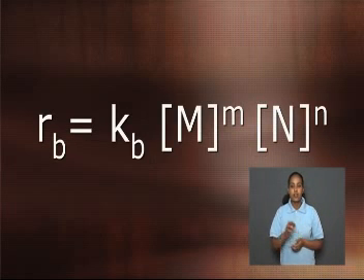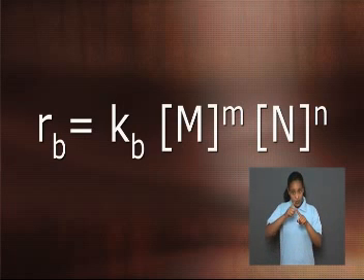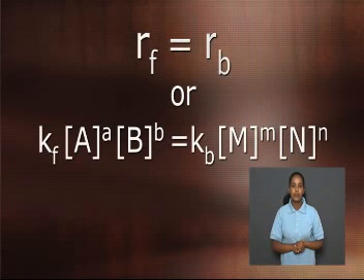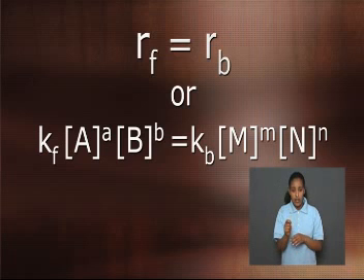The rate of reverse reaction is given by the expression in square brackets. M and N are the concentrations of the products, respectively. Kf and Kb are rate constants for forward and reverse reactions, respectively.